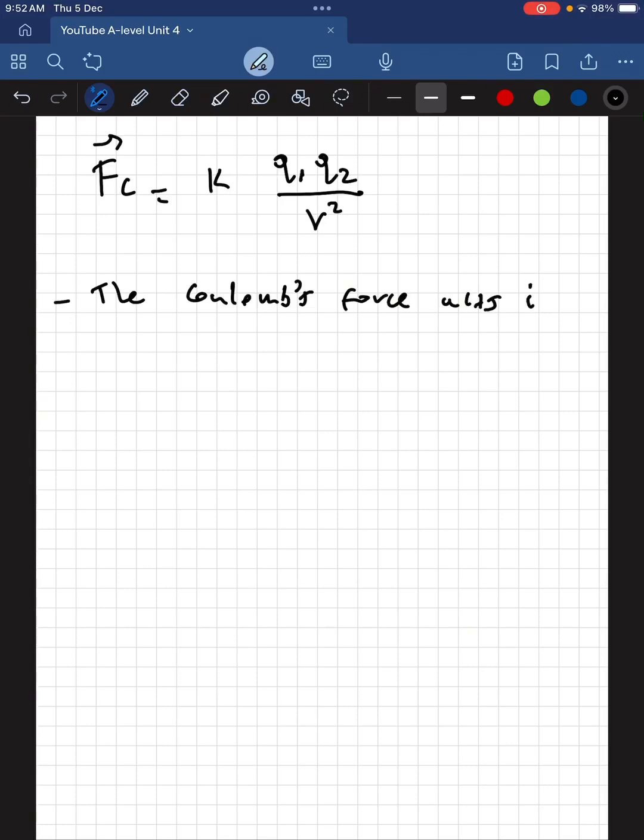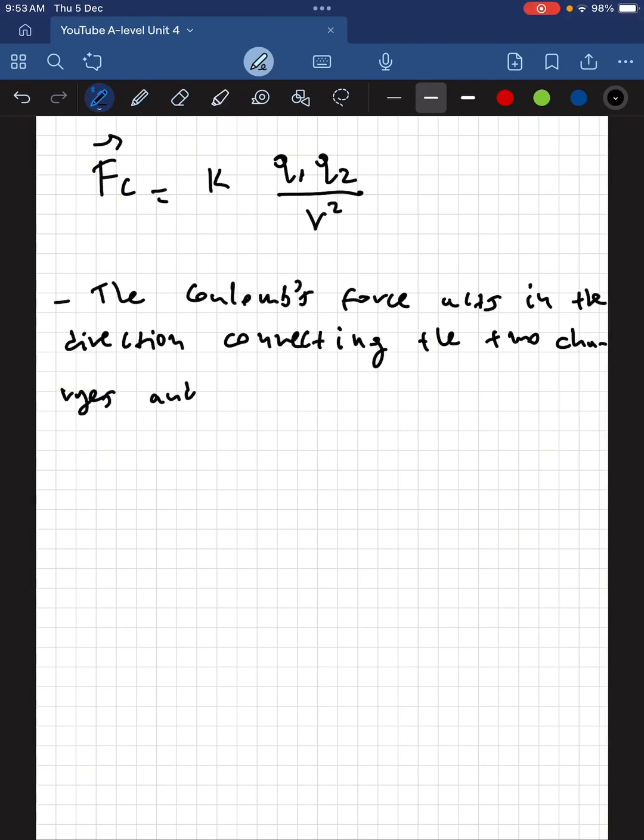The Coulomb's force acts in the direction connecting the two charges, and obeys Newton's third law.